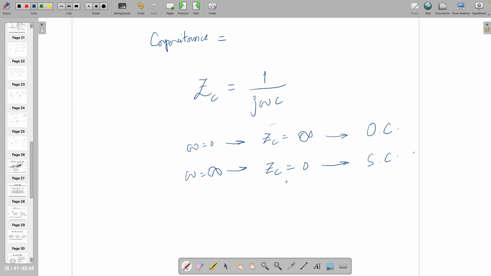So the capacitor, or its impedance, gives you a connection between two points only when you are at high frequency. Let's call this regime high frequency, and this regime low frequency. Right?